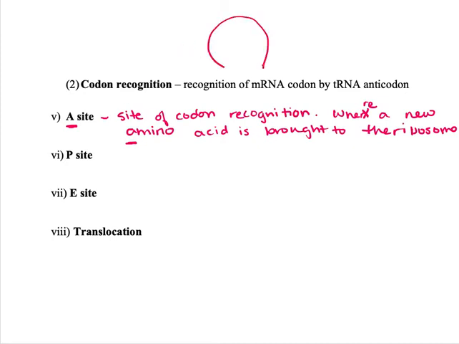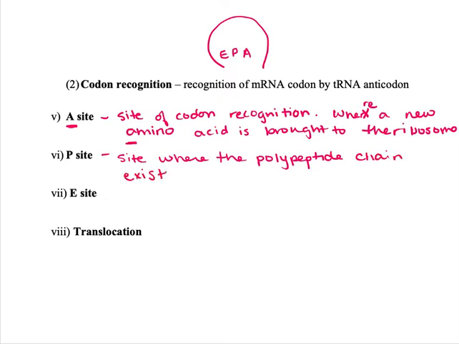We have the A site, the P site, and the E site from right to left. Okay, and then in our P site, this is the site where the existing polypeptide chain exists, before peptide bond formation.